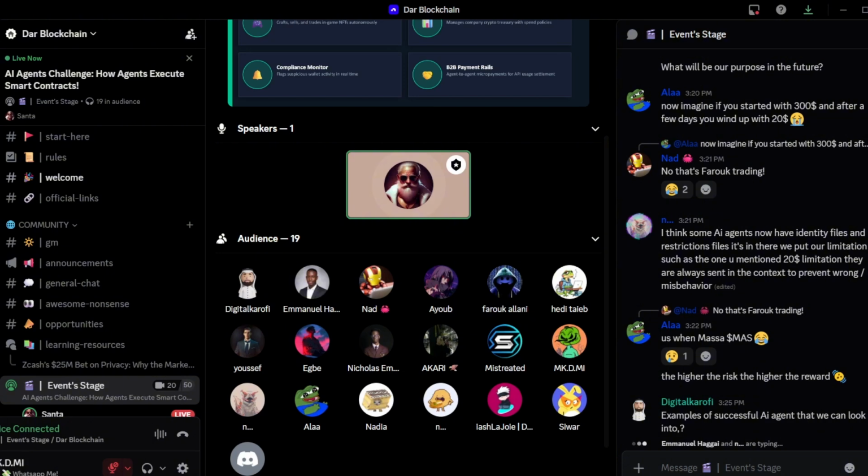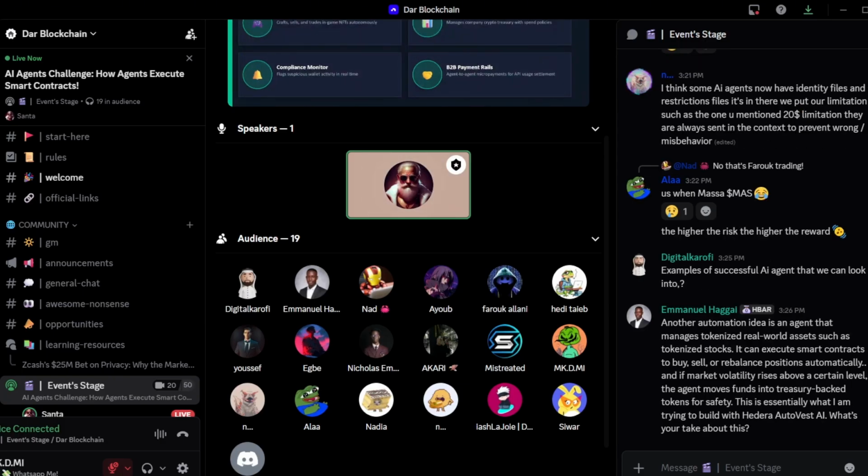I forgot about it, but it is a wallet controlled by AI agents. There are multiple AI agents: futures AI agents, spot AI agents, DeFi AI agents, and they are executing transactions every day and trying to make profits for you.